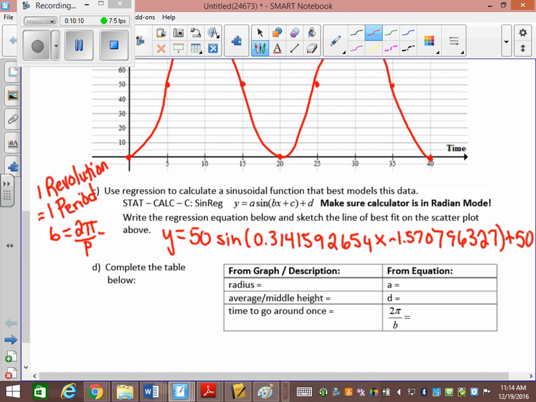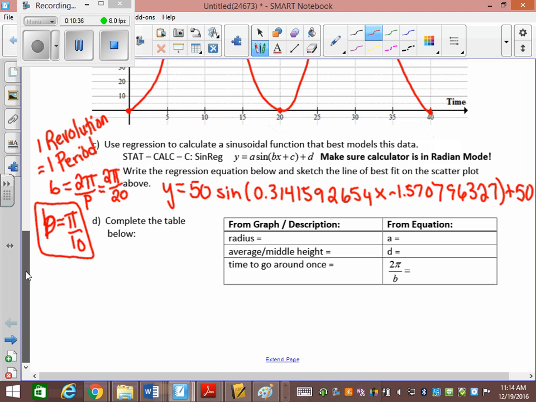What was the period of this equation? How long did it take to do 1 revolution? 20 minutes. So I go 2 pi over 20, which is B equals pi over 10. If you punch pi over 10 into your calculator, you're going to get 0.31415992, blah, blah, blah. Okay? So if they wanted the exact value, you could find it by just dividing 2 pi by how long it takes to do 1 revolution.